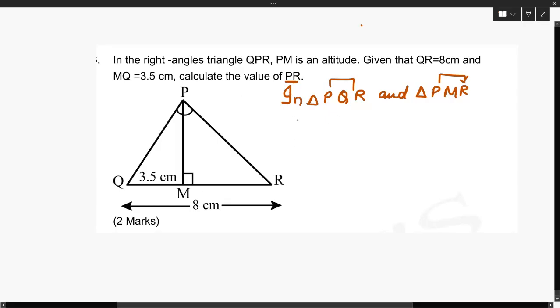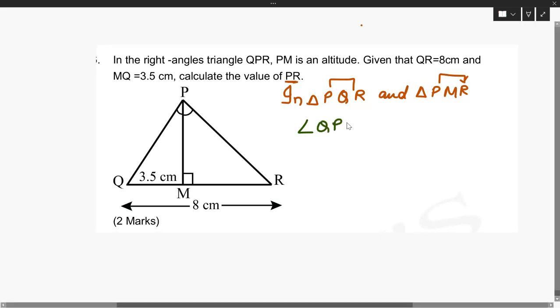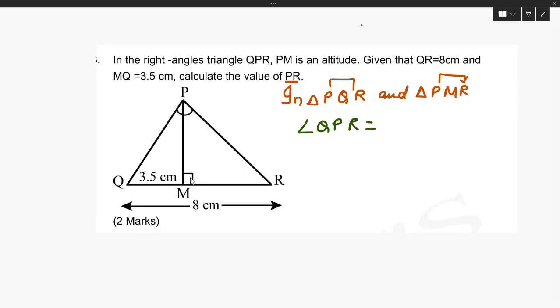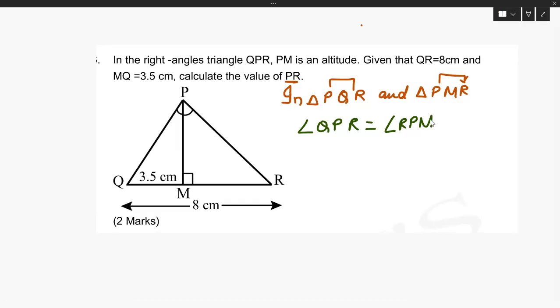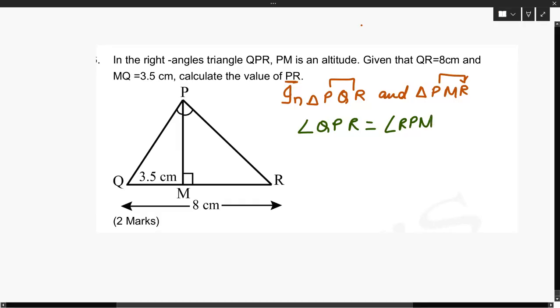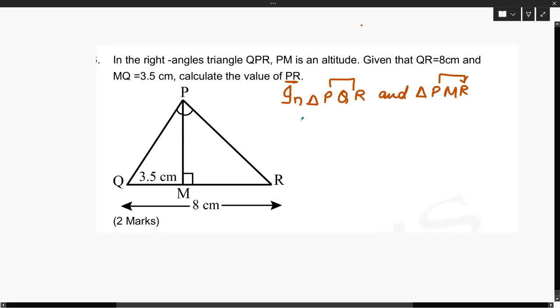Okay. So now angle QPR is equal to QPR. No, we will not take these two triangles first. First, we will write the 90 degrees.